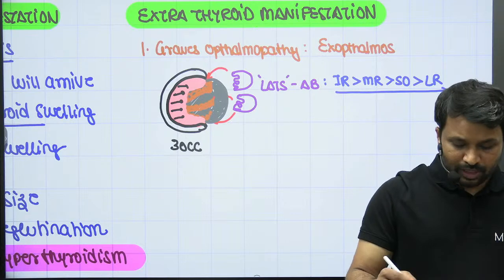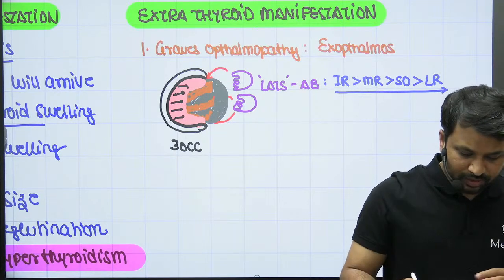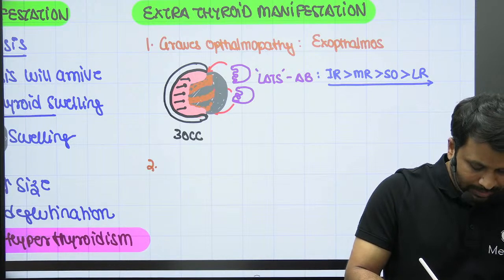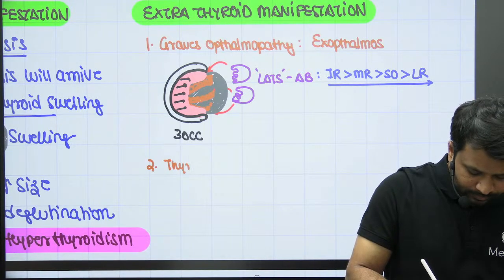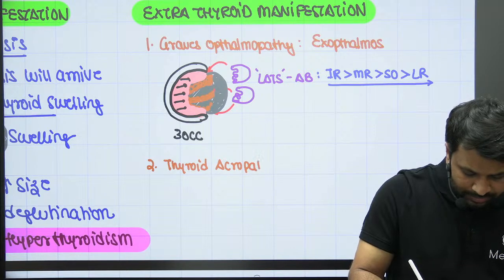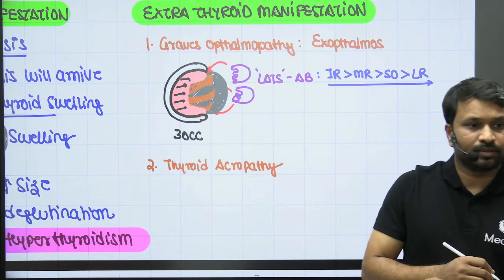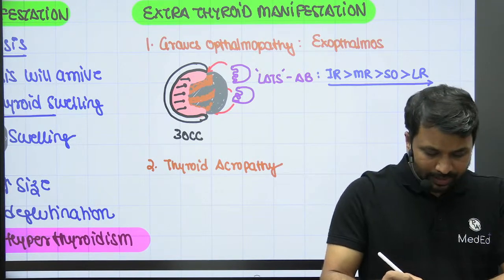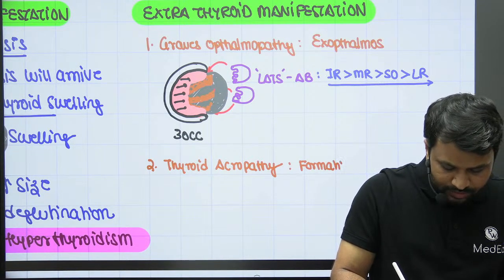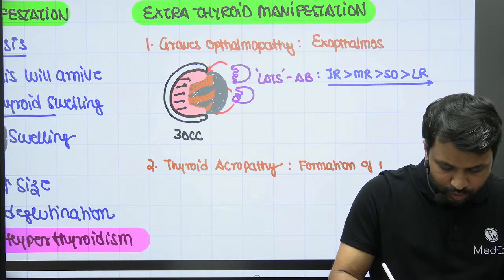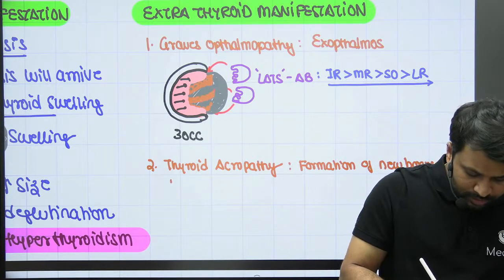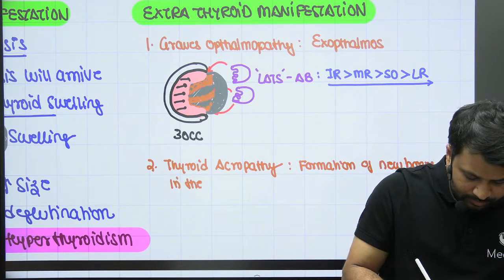Apart from Graves' ophthalmopathy, there is another extrathyroid manifestation, which is thyroid acropathy. When you say thyroid acropathy, there is formation of new bones in the metacarpals.